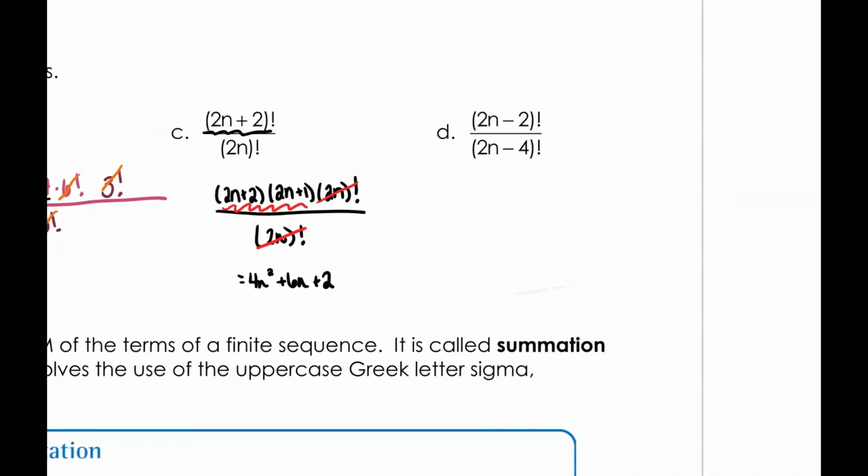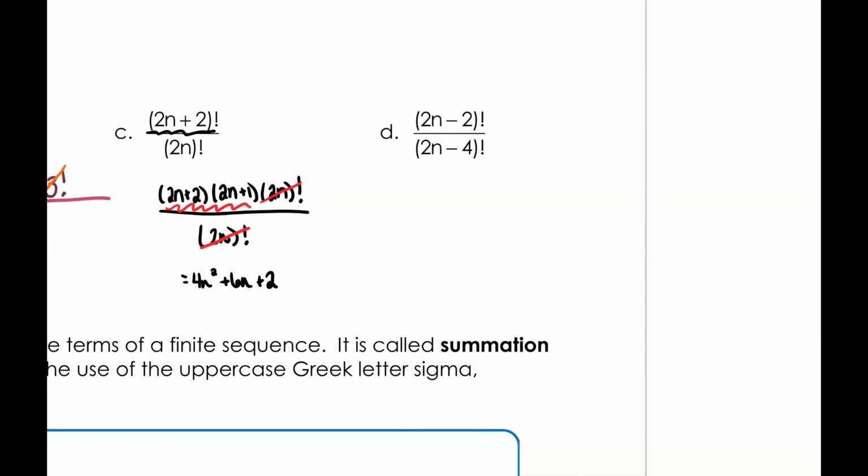Looking at example D, we have quantity 2n minus 2 factorial divided by quantity 2n minus 4 factorial. Okay, so my numerator is going to be, I'm going to start with 2n minus 2, and then my next one would be 2n minus 3, and then 2n minus 4 quantity factorial, and then that divides out with the denominator's factorial.